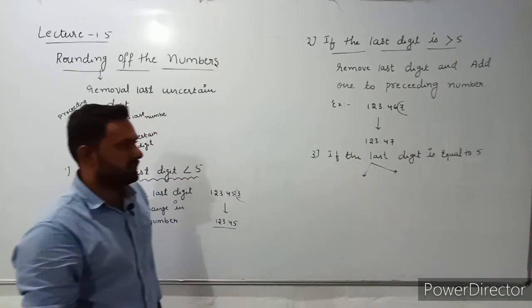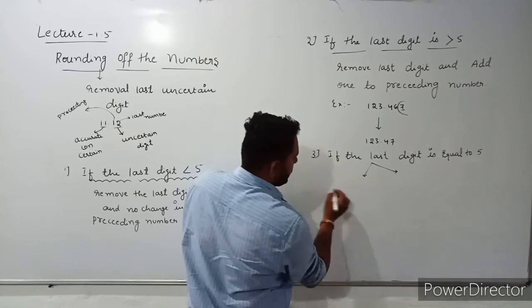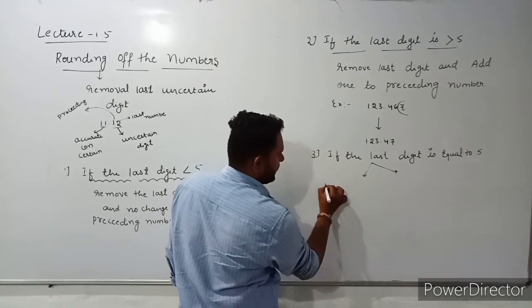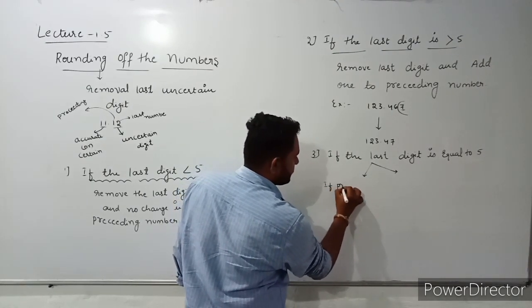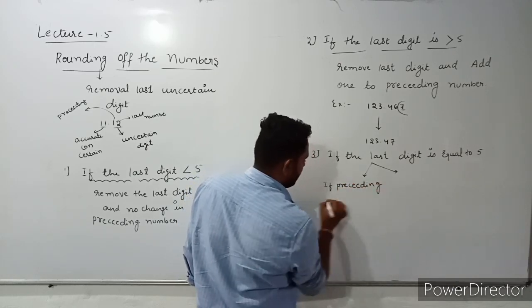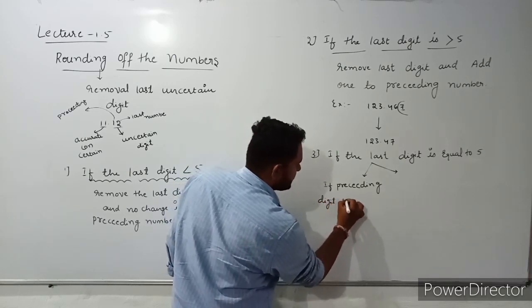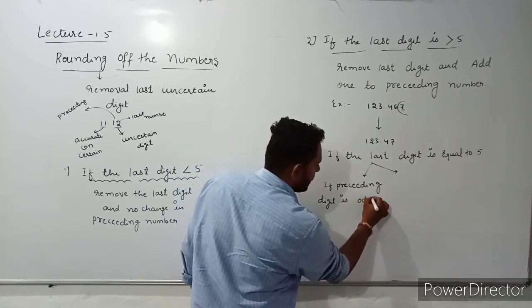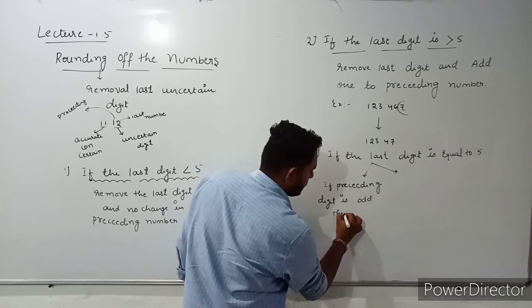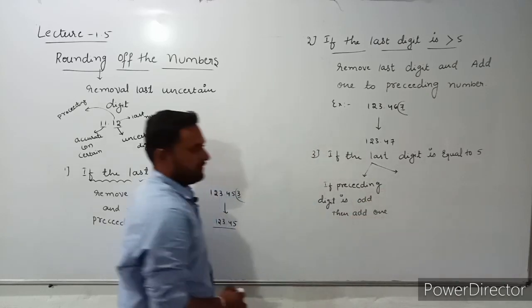In the first case, if the preceding digit is odd, then add 1.